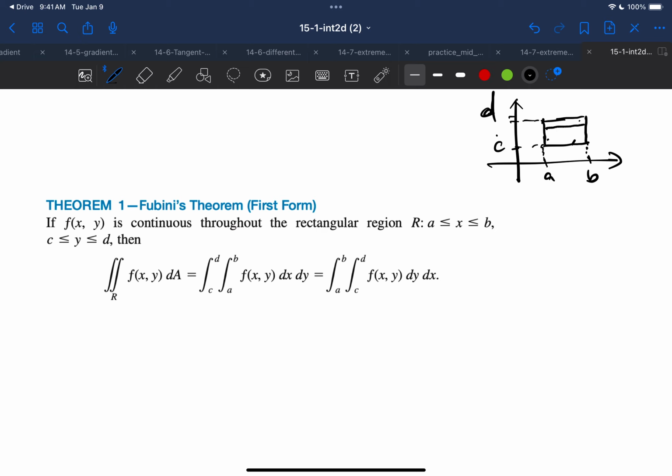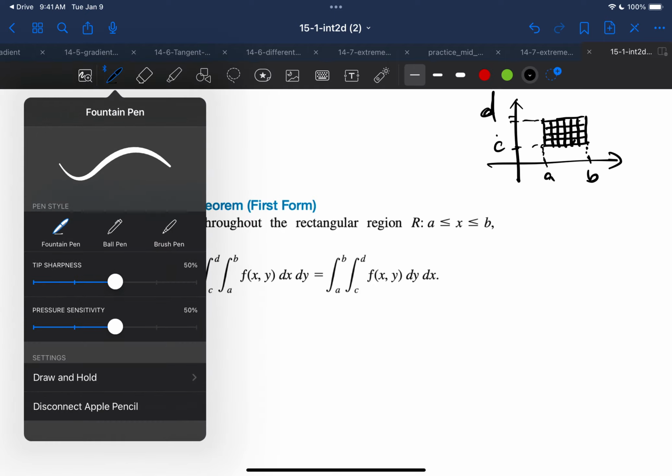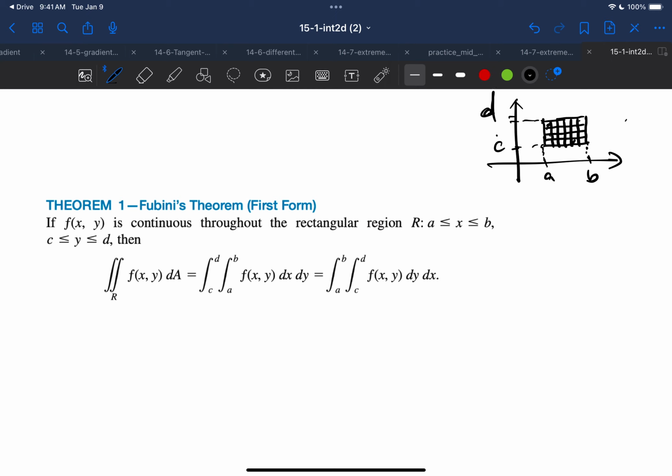Basically we can think of partitioning your tent with a lot of blocks, and for each one we can find a certain volume. So we have a number here, a number here, a number here. The number stands for the volume of each wooden block standing on each small rectangle, and then we take the sum.